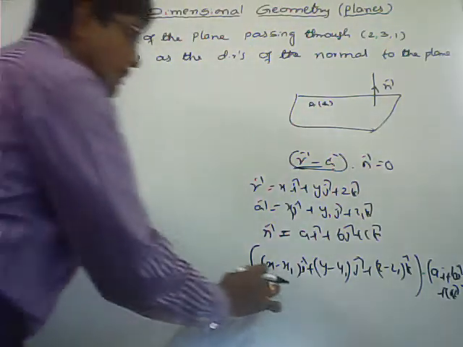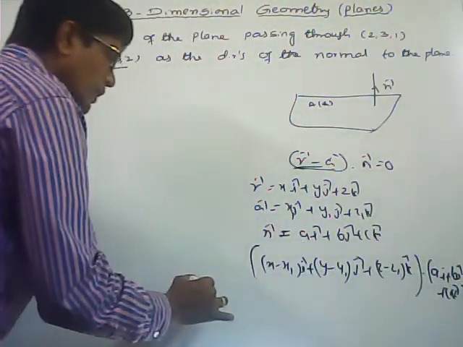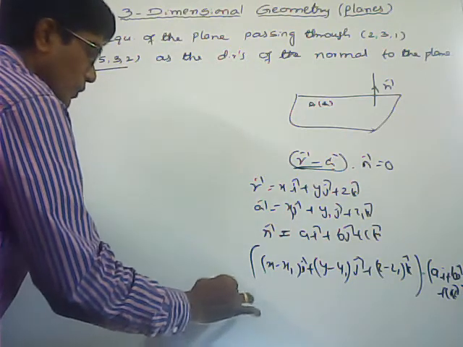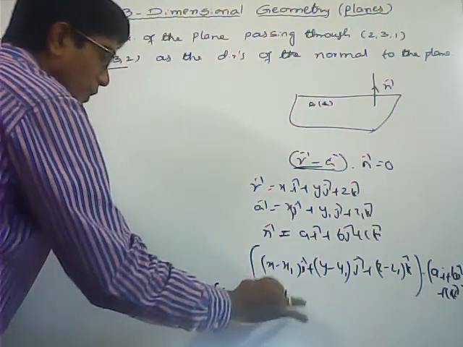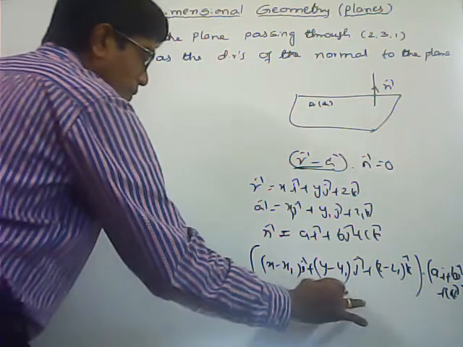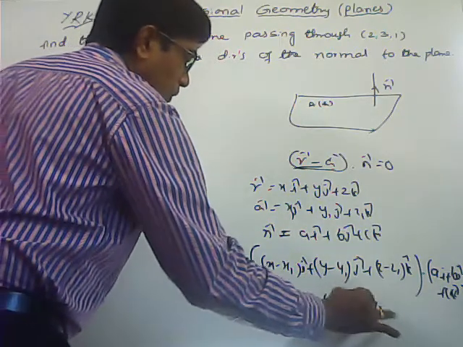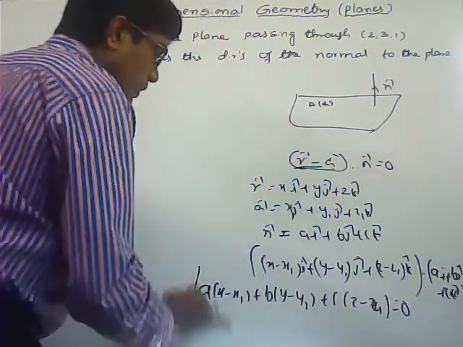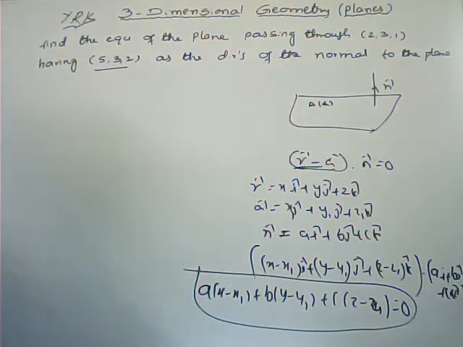Now what is the dot product of these two? a into x minus x1 plus b into y minus y1 plus c into z minus z1 equals 0. This is the equation of the plane passing through the point x1, y1, z1 whose normal DRs are given.